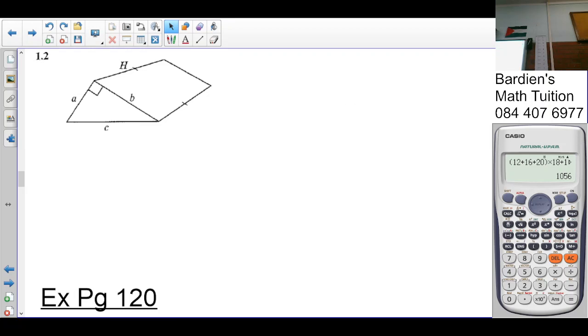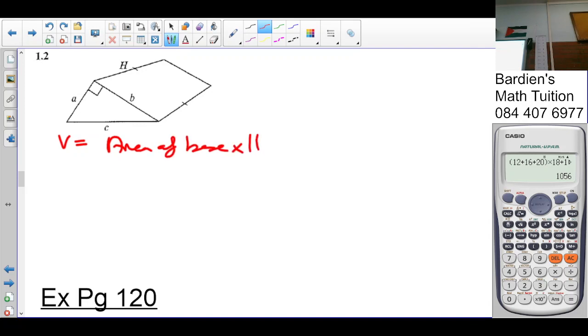Question 1.2, you must calculate the volume. How do you calculate volume? Area of base times height. What type of shape is this base? Triangular base. How do you calculate the area of a triangle? So, base times perpendicular height times the depth of the object.